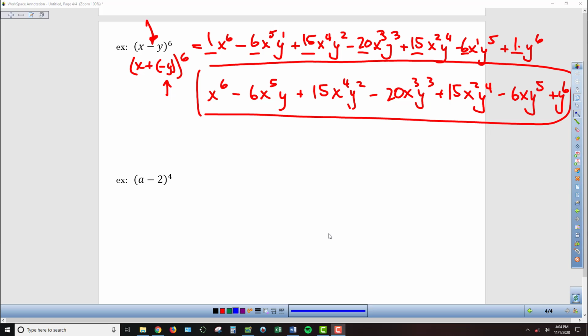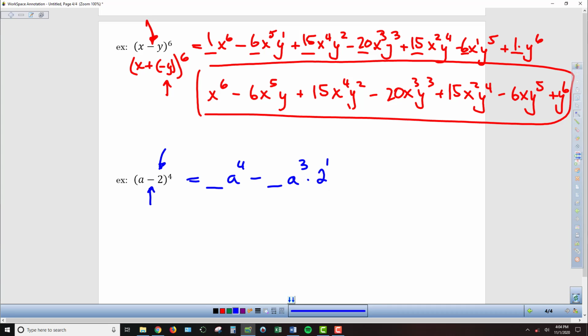And so for our last one, we're back to having a number inside the parentheses instead of a variable, and we also have it as subtraction, so we're going to have those alternating positive and negative signs in all of our terms. So we can get going here. Coefficient left empty, a to the fourth. Then it's going to be minus coefficient a to the third times 2 to the first.